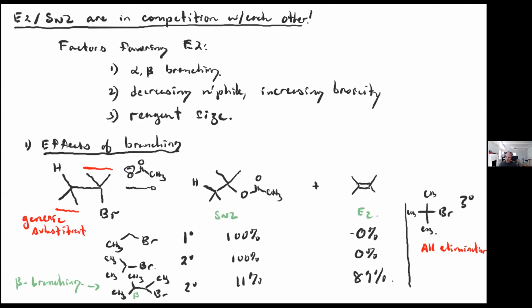The second thing relates to nucleophilicity versus basicity. We said in that initial description of SN2 that when you have the same atom attacking, you can typically say that the more basic variant of that atom is going to be a better nucleophile.